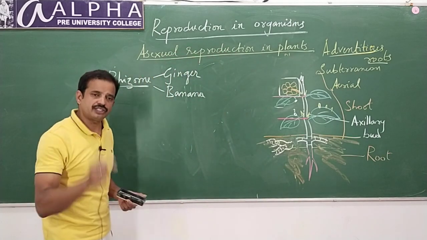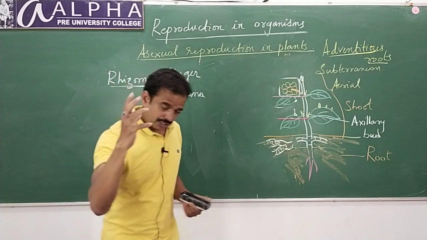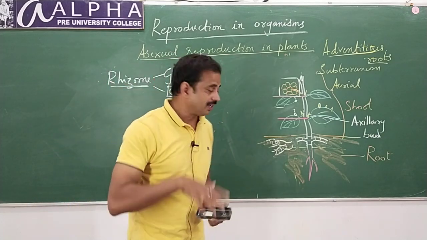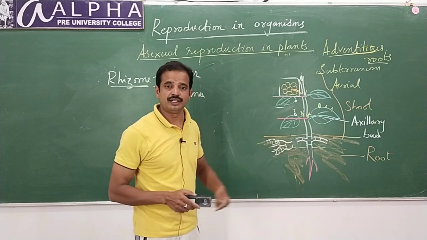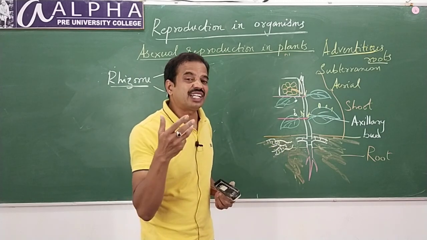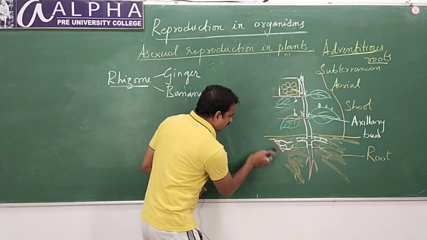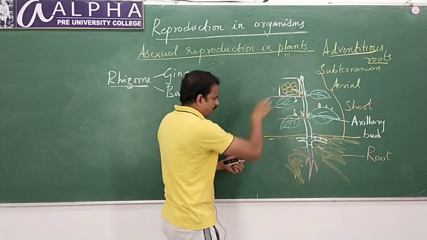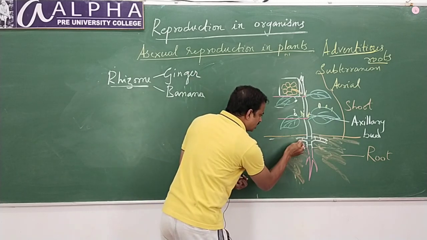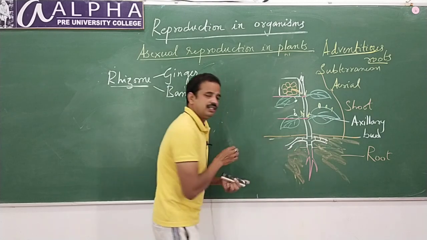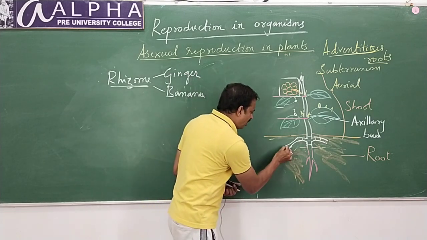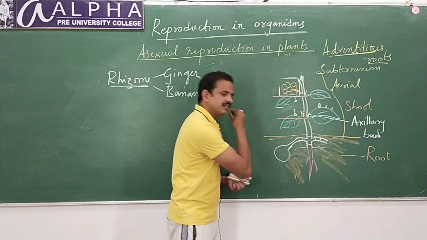Before mentioning the example or that particular vegetative propagule, I will show the kind of modification, so that you shall be able to guess what it is. Right? So you see, this is the ginger. It's a typical plant. Sometimes this lateral branch, the underground stem, may enlarge in such a way, like this.